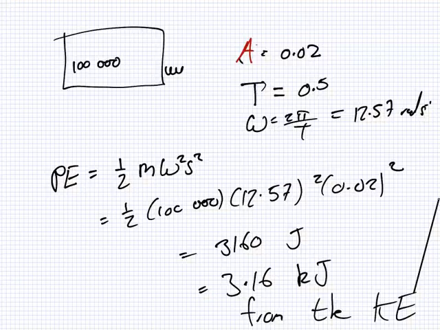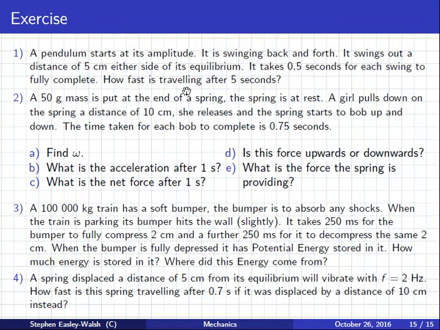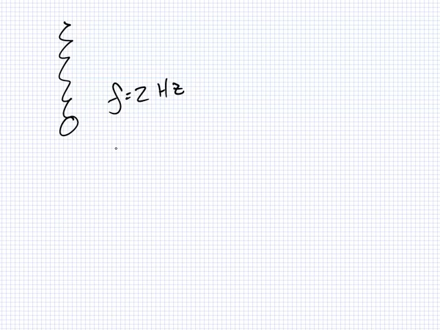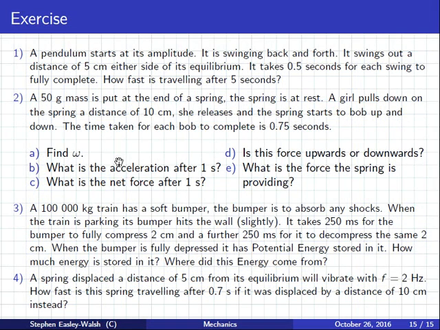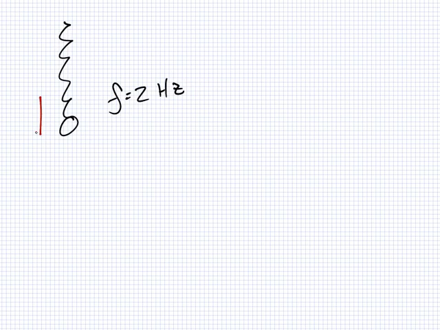Okay, so what you have here is a spring and its frequency is 2 hertz. So what does that mean if its frequency is 2 hertz? 2 cycles a second, yeah. And its amplitude is 5 centimeters. So when it's pulled down 5 centimeters, it moves with this frequency.